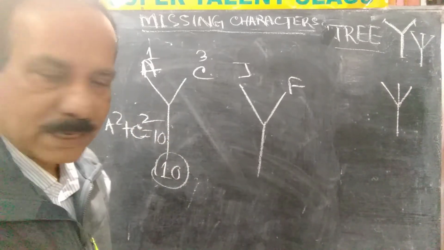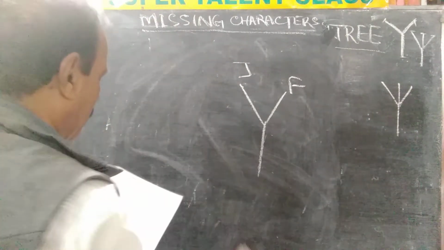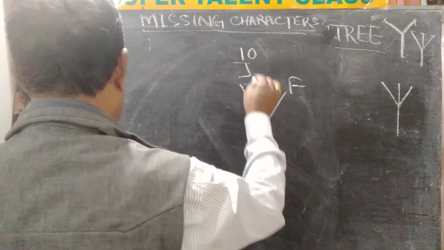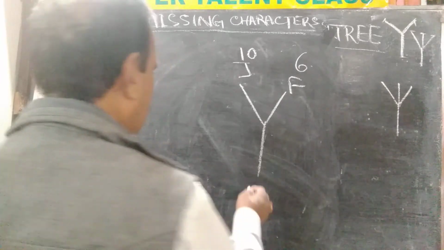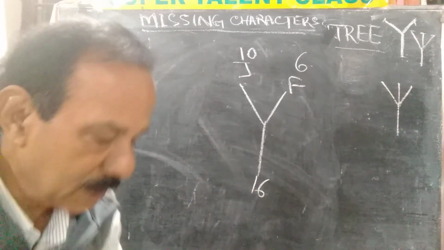So again you see this J number, you should practice. J का number is 10, F is 6, so कितना आएगा 16, for lower class very easy.